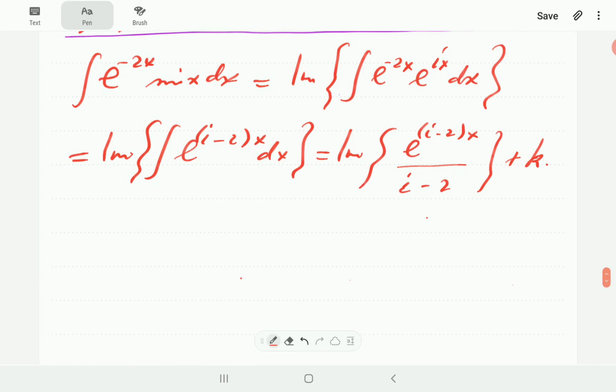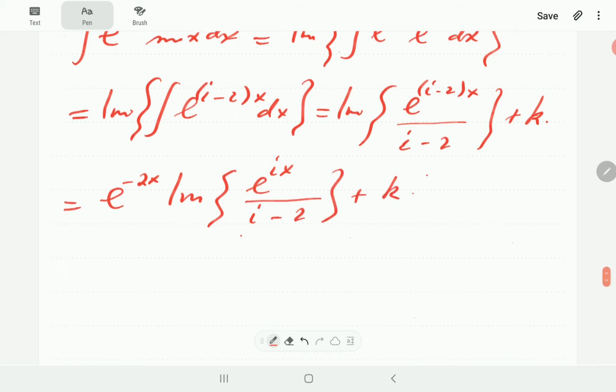Then we need to extract the imaginary part of that. But the e to the minus 2x we can factor out, because that one is a real number. So it's just going to go through that imaginary operator. So this is going to be e to the ix over i minus 2.